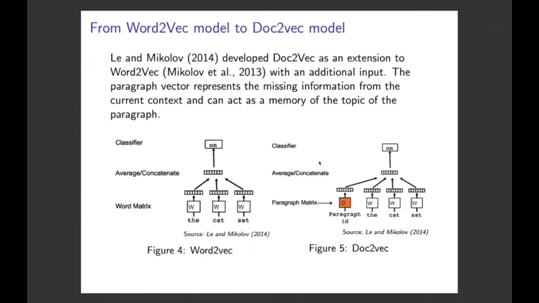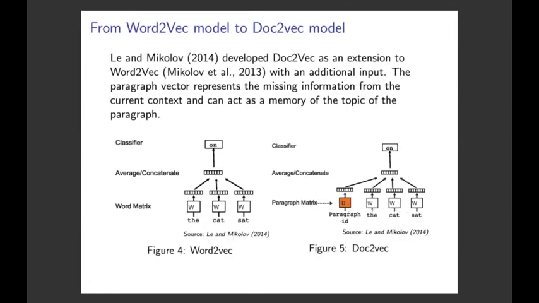You will see these two graphs. This is the Word2Vec model I showed before, and this is the Doc2Vec model. The difference is that the Doc2Vec model has an additional input. In natural language processing, this additional input is the paragraph ID, which represents the missing information from the current context.